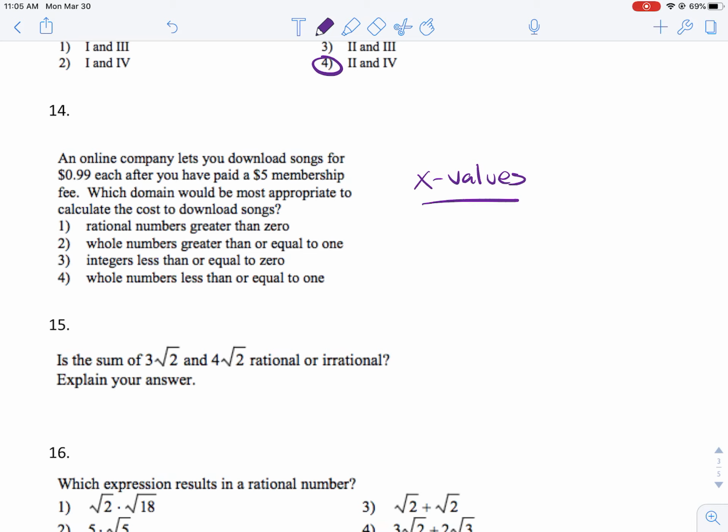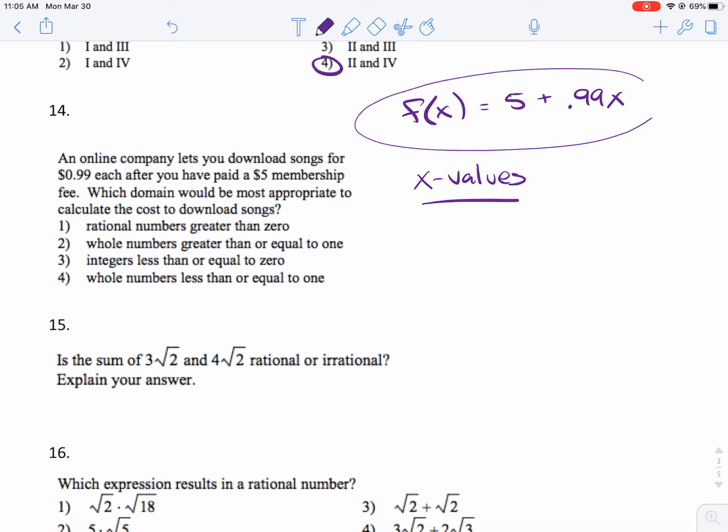And so we could write out what the function looks like. You pay 99 cents each after you paid a $5 membership. So our function would look something like this. It would be $5 plus 99 cents for every song you download.